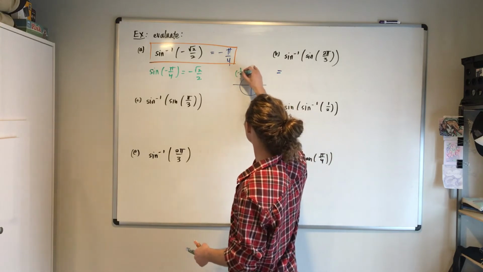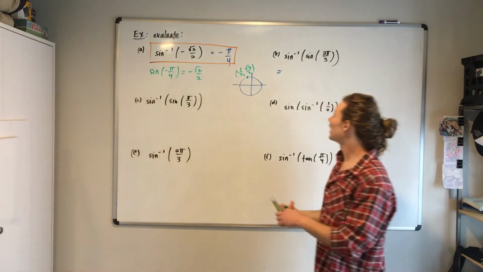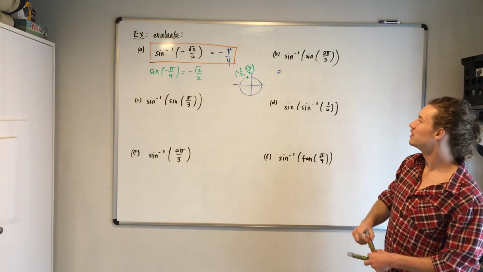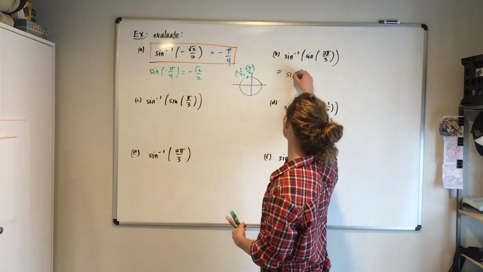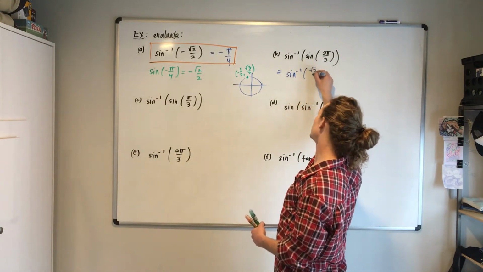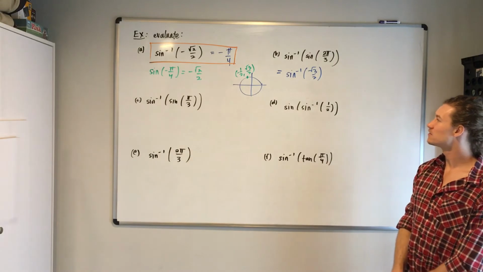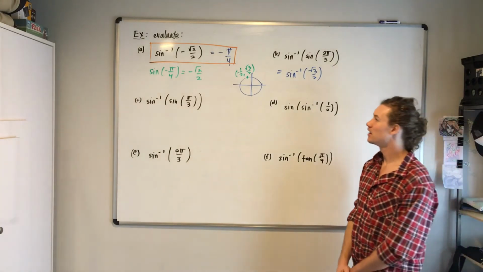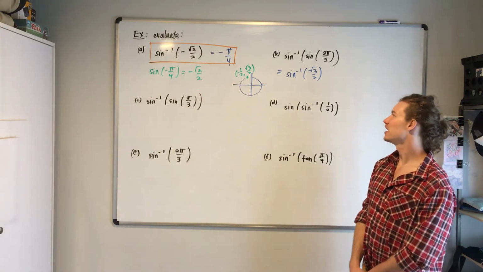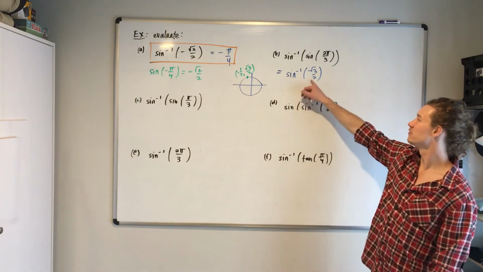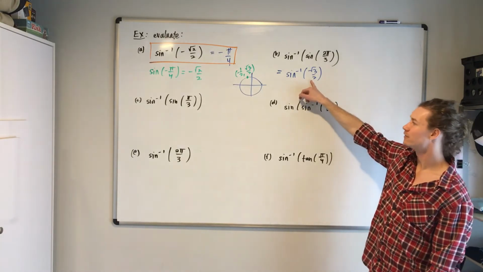So we know that the terminal point corresponding to 2 pi thirds would be -1/2, √3/2, and the y-coordinate there would be positive √3/2. So we're looking at the inverse sine of √3/2. And now to evaluate the inverse sine of √3/2, again, recall we're trying to find the real number between negative pi halves and positive pi halves which corresponds to a terminal point with the y-coordinate √3/2.